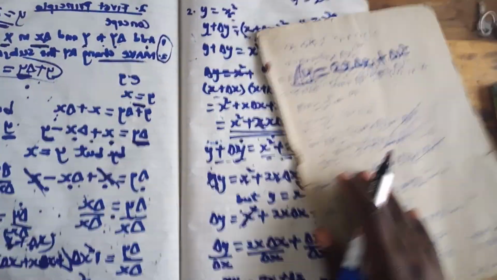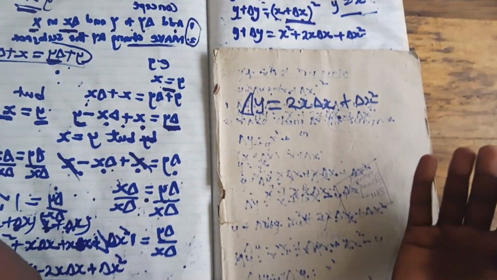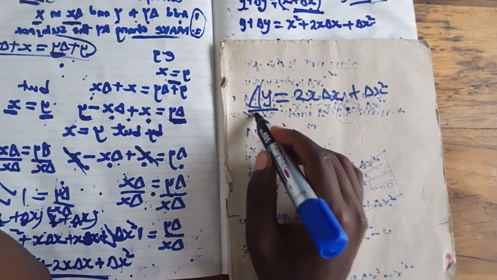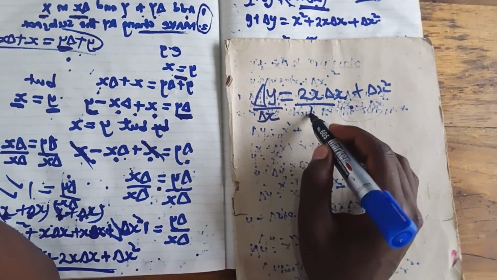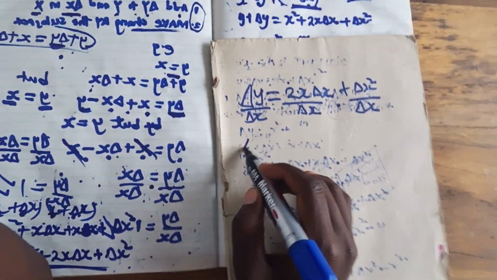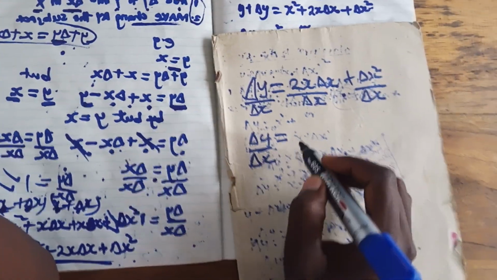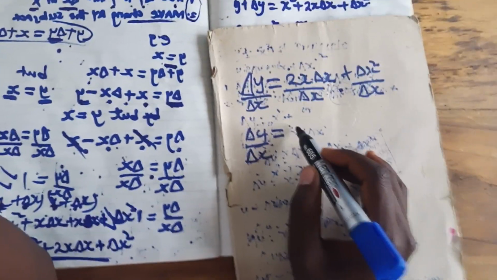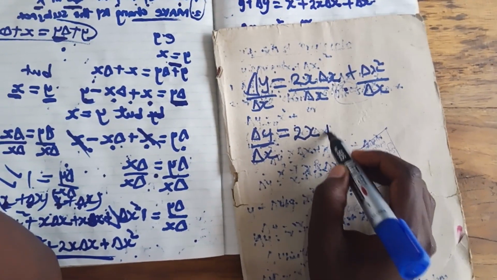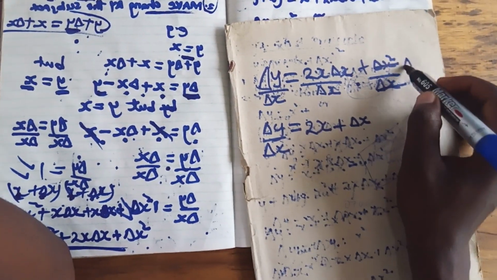Always the last procedure we make, we divide both sides by change in x. So change in y over change in x will give us 2x plus change in x, because one x will cancel with this one, and we will remain with change in x.